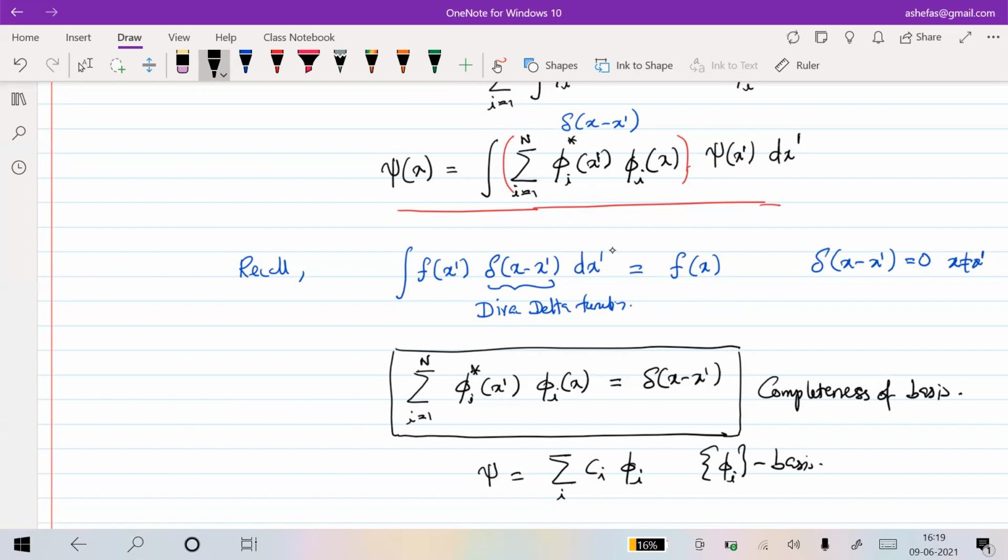So this is the completeness condition of the basis.